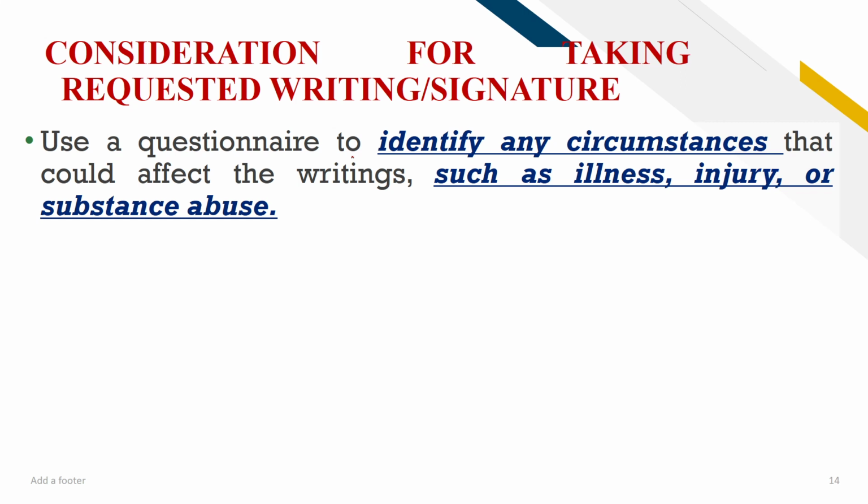Okay? So, as I said a while ago, whenever you are requesting the person or the alleged suspect to write or to execute a signature, you have to consider the illness, injury, or any substance abuse that was influenced when the question document was prepared.